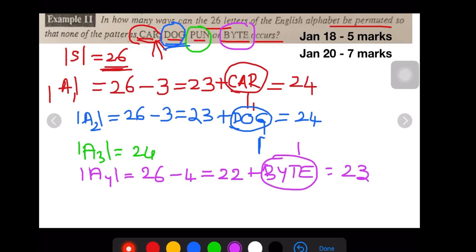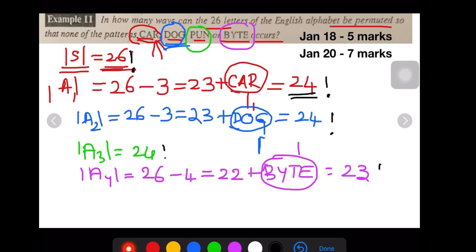Actually, when we say that we need to do permutations on 26 characters, the number of permutations becomes 26 factorial. So that I have missed here. Include that, 26 factorial actually. Now this also becomes a permutation, so it is 24 factorial, 24 factorial, and this also 24 factorial.